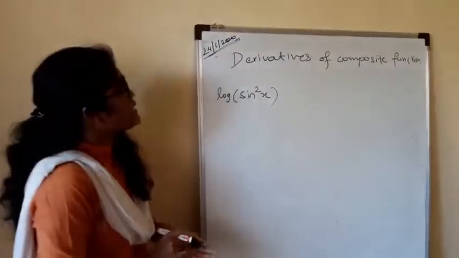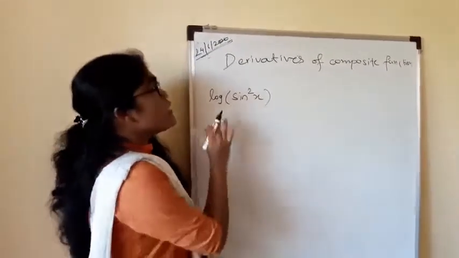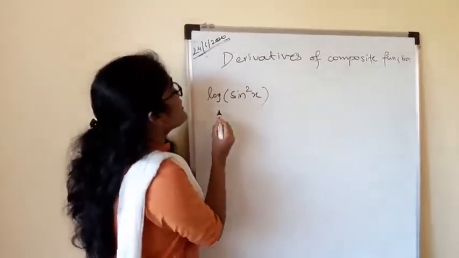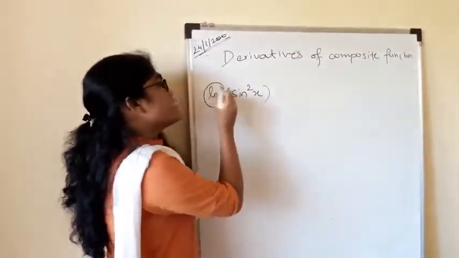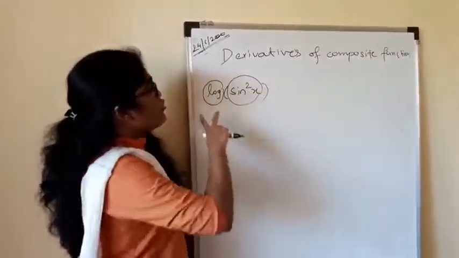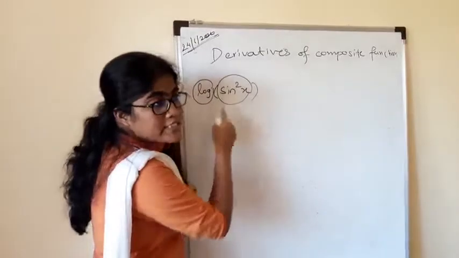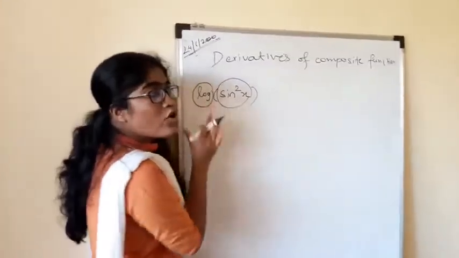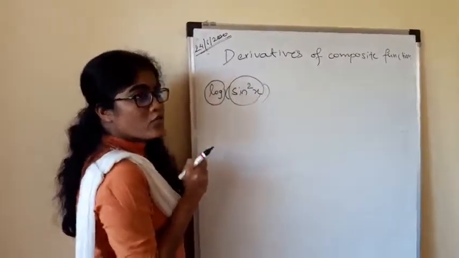In this function you can see that one function is log and another function is sine x. So function of function. This type of function is called a composite function.